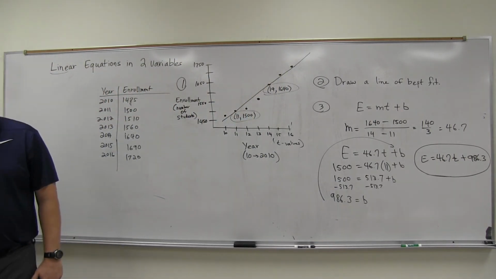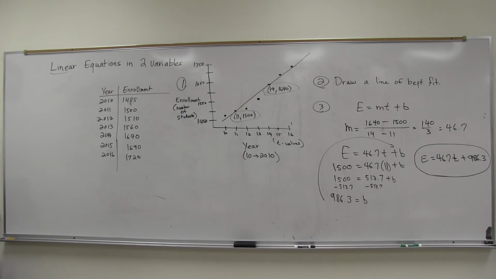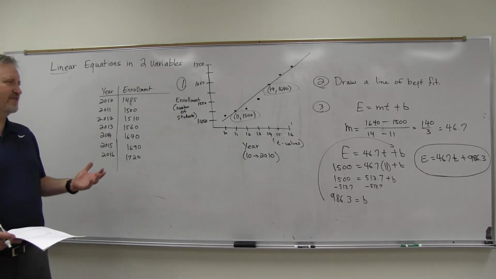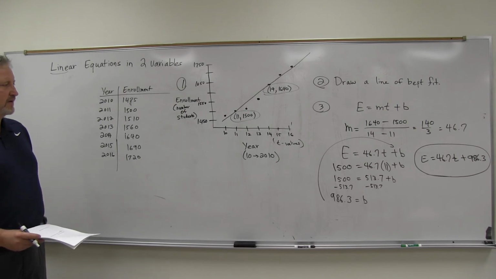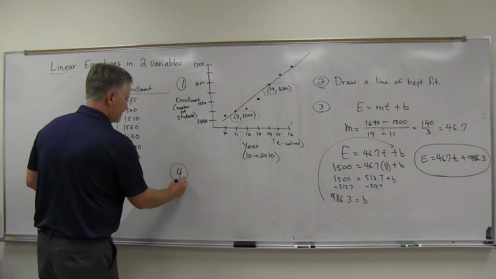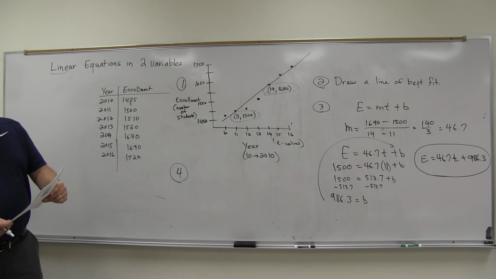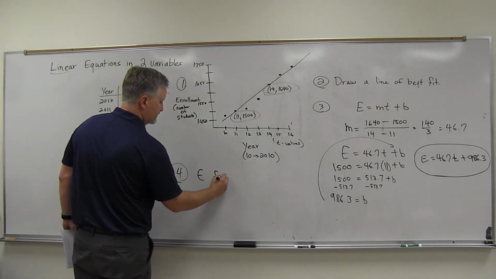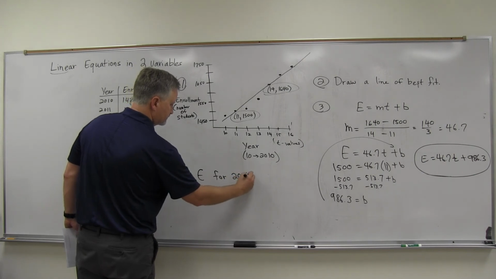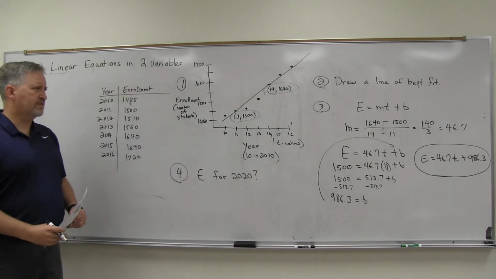That's number 3. All right, then of course, we can do whatever we want to with that, find some different things based on that model, but the one I'm asking about on number 4 there, using the model predict the enrollment for 2020. The enrollment for 2020.